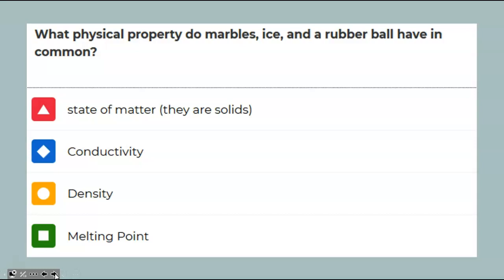We really cannot say anything about density because we don't know the measurements. And melting point, we really don't know the melting point of these, and actually every different thing has different melting points. So what they really have in common is that they're all solids. So the state of matter is the same between them.